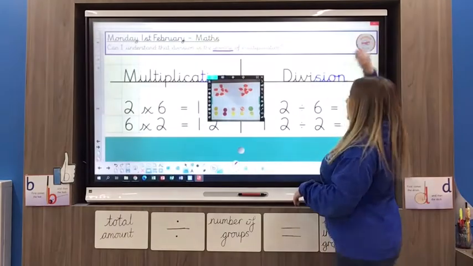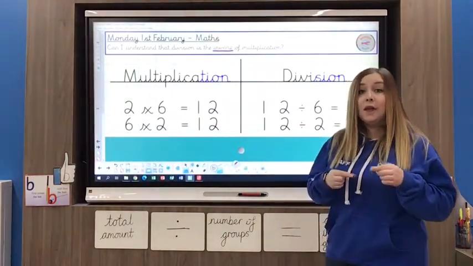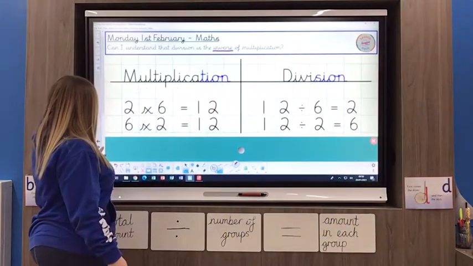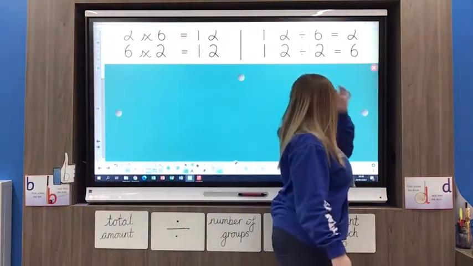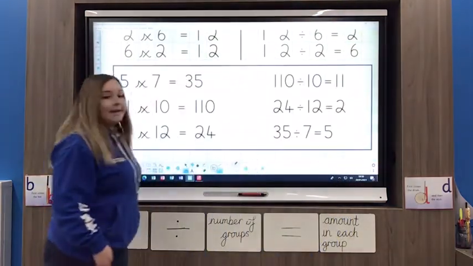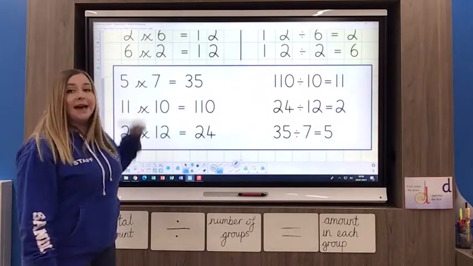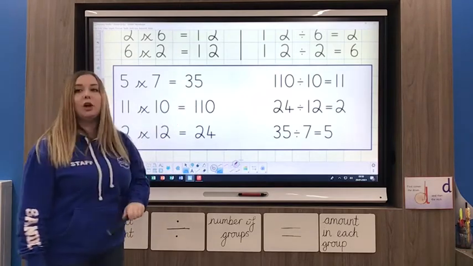So let's see if we can now match some multiplication facts to its inverse, to the division fact. Okay, so here I've got 5 multiplied by 7, which equals 35. So that's my total.